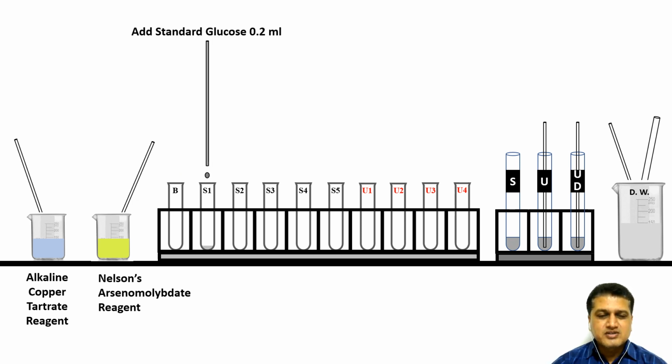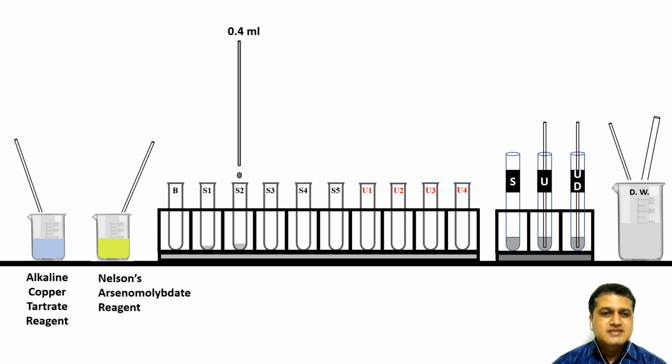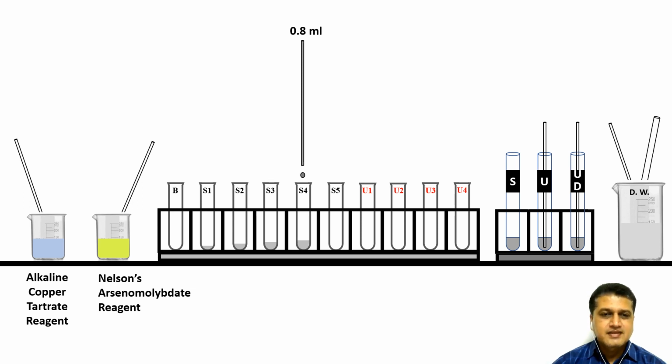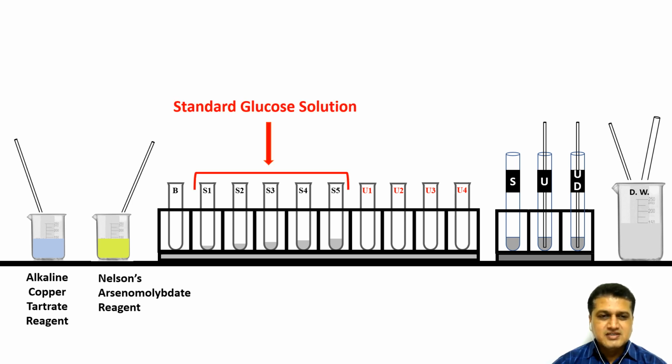Add 0.2 ml of standard glucose solution in tube S1, 0.4 ml in tube S2, 0.6 ml in tube S3, 0.8 ml in tube S4, 1 ml in tube S5. Thus, 5 aliquots of standard glucose solution are taken.